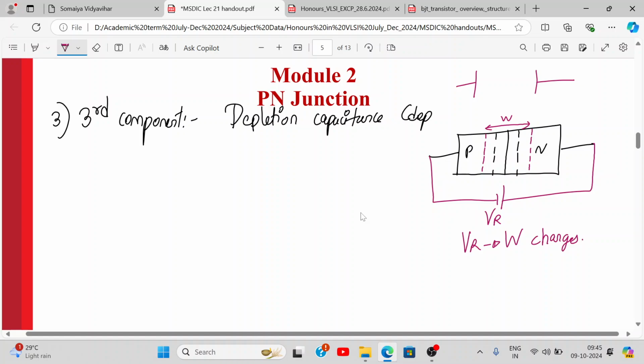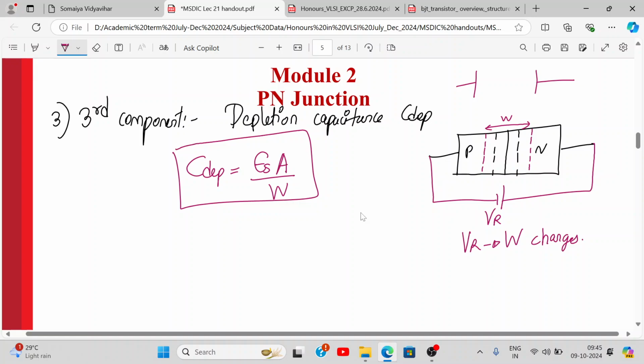That means your depletion region width is increasing, which will give rise to depletion capacitance. And this capacitance is given by epsilon A by W. It resembles the parallel plate capacitor. What is the parallel plate capacitor formula? Epsilon A by d. Remember? Yes or no? So your d, the distance between the two plates, is nothing but the width of the depletion layer.